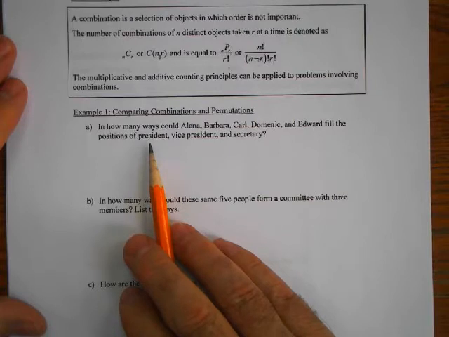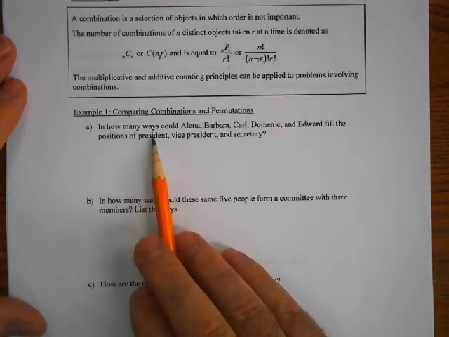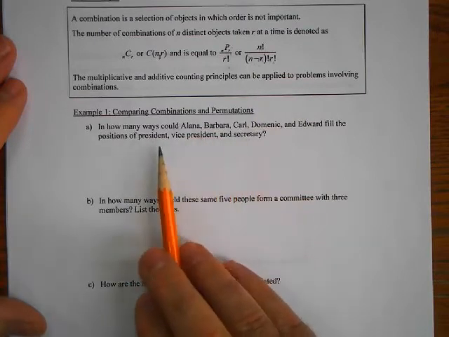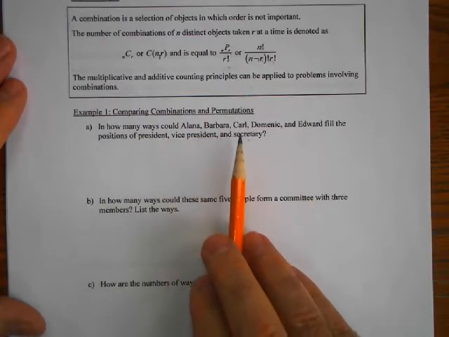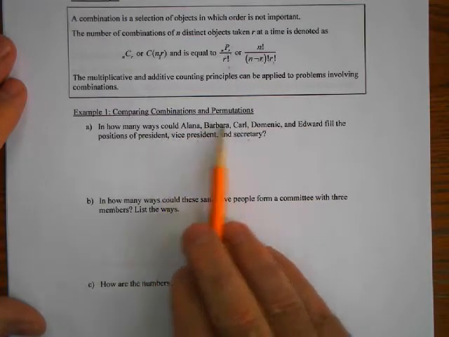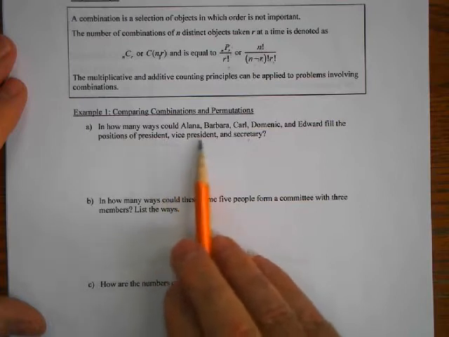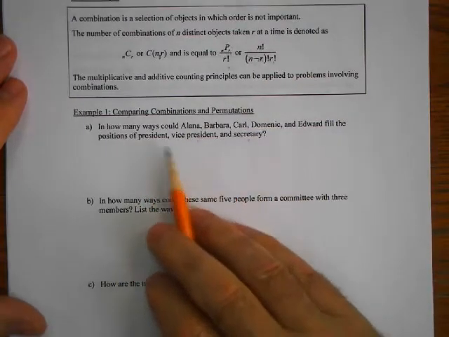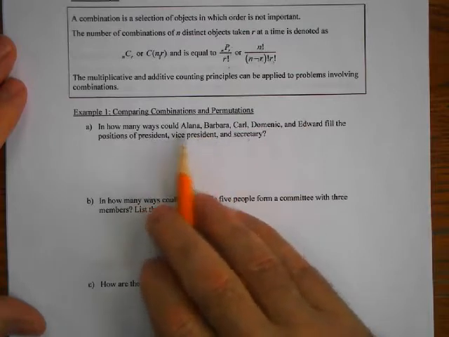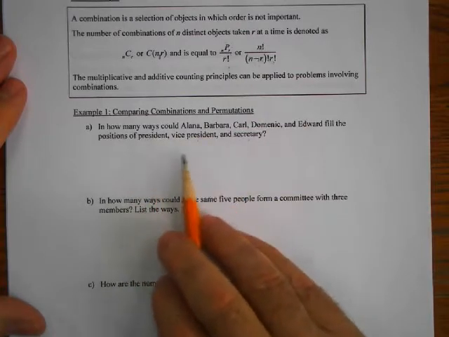Maybe one option is Alana, Barbara, Carl. Another one would be Barbara, Alana, Carl. Those are the same people chosen for those positions, but obviously it's different, and we want to include both options where the order is moved around with those three people.